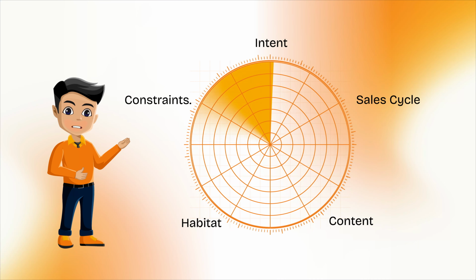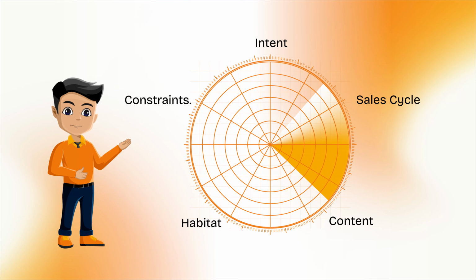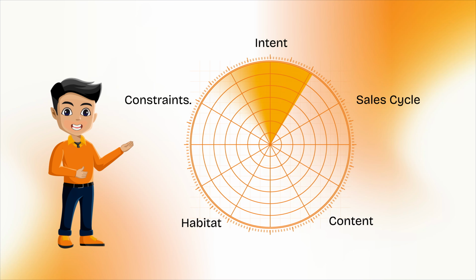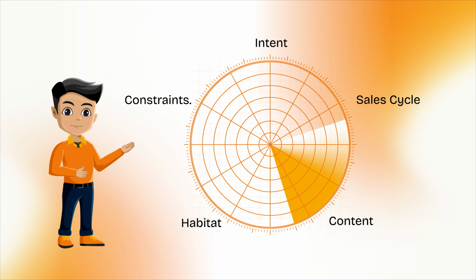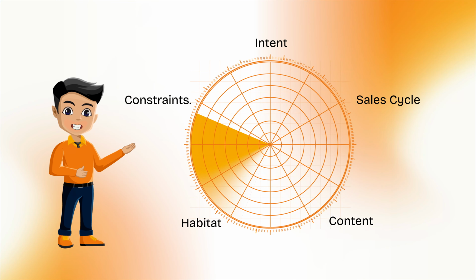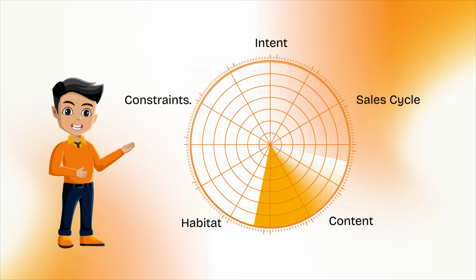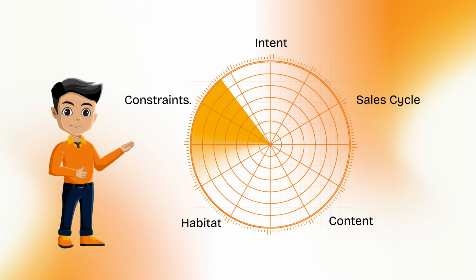Answer these 5 questions. 1. Intent. Do buyers search before they buy, or do they scroll and discover? 2. Sales cycle and ACV. Is it short and impulse-driven or long with multiple stakeholders? 3. Content strength.